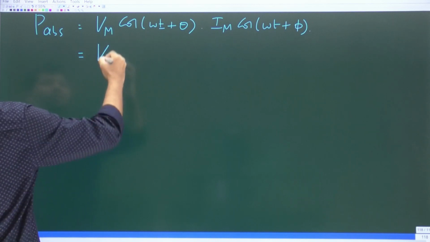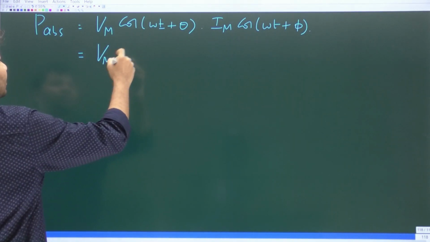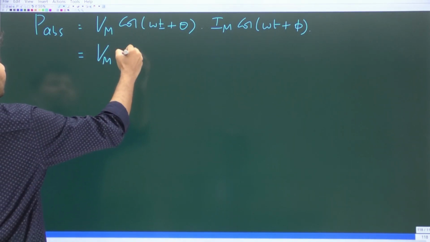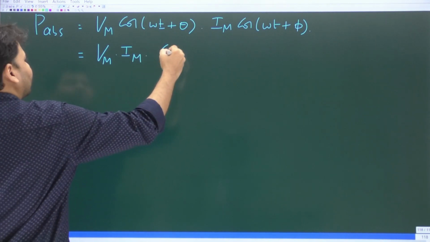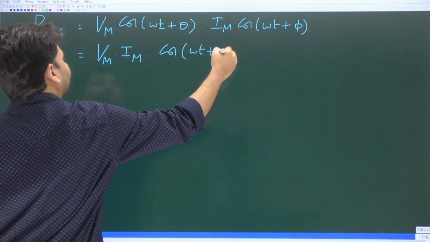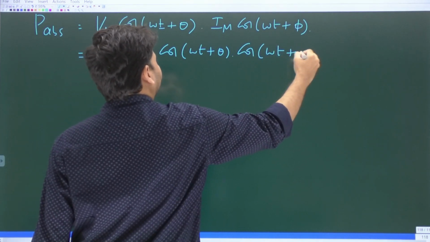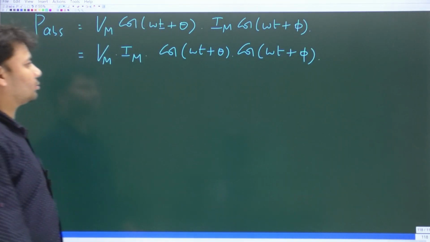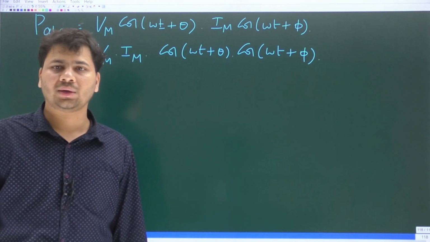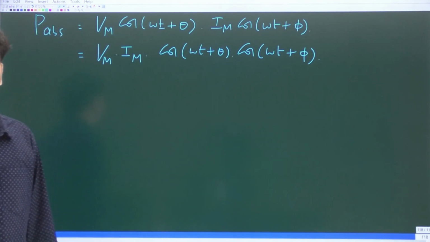So first I'll just write the product of the two amplitudes, that is Vm times Im, then I'll write cos(omega t plus theta) times cos(omega t plus phi).